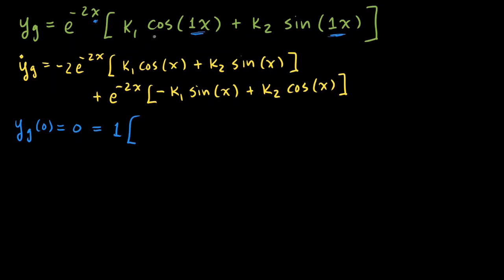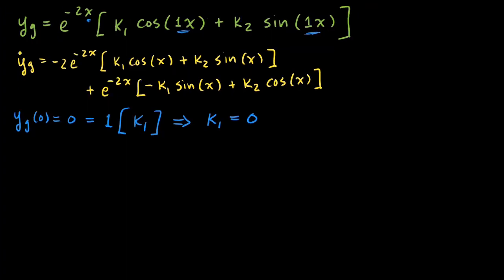The cosine of 0 is 1, and the sine of 0 is 0, so the sine term goes to 0 and eliminates k2. So all I have is k1 times 1, so k1. And so that tells me k1 equals 0 in this case.